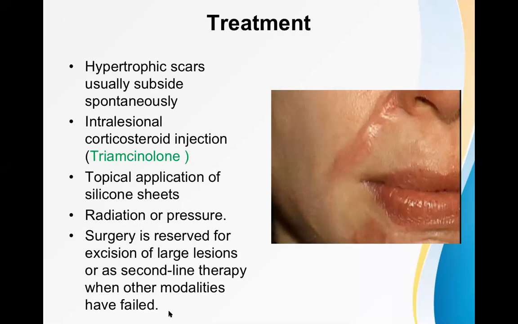It is reserved for excision of large lesions or as second line therapy when other modalities have failed. Along with surgery, corticosteroid injection and corticosteroid application or other types of therapy are always done. Otherwise, there is again big scar formation at the site. So this is the concept of hypertrophic scar and keloid. Okay, so with this, let me stop here.